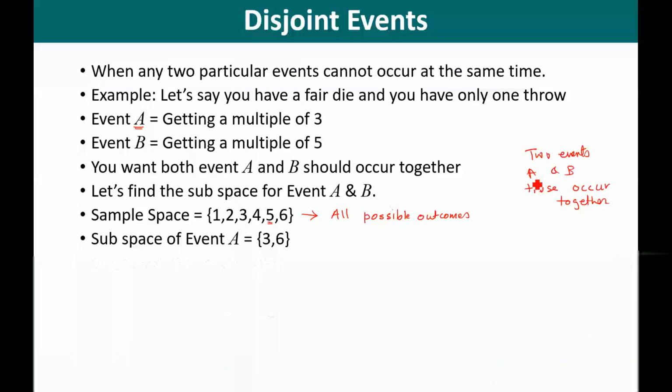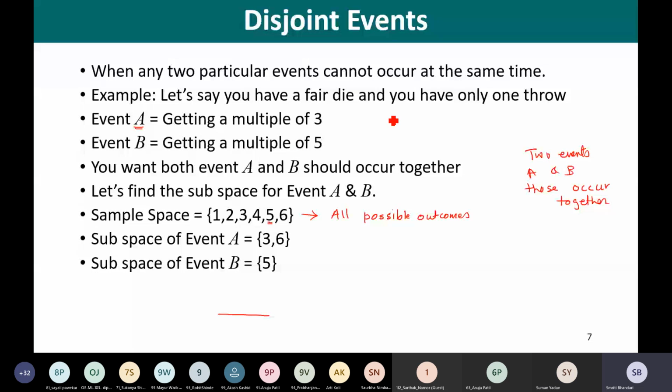Now, you are saying that we have been provided with natural numbers, and your event A is getting a multiple of 5 and event B is getting a multiple of 3.